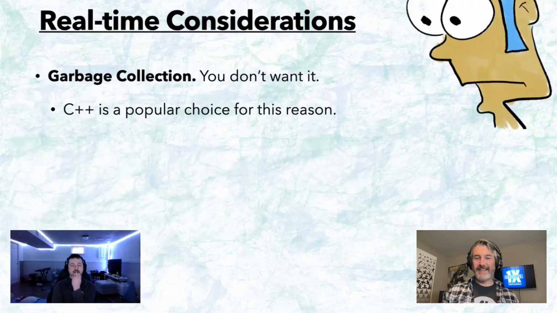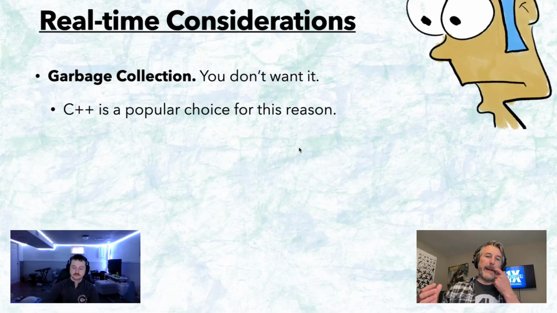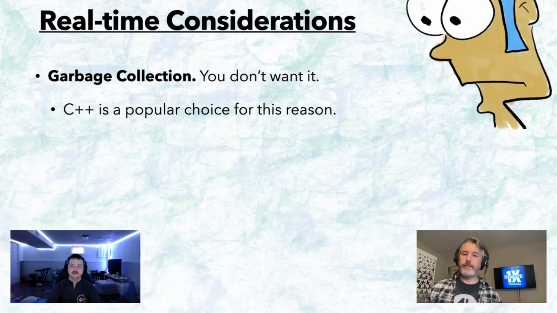All right. So let's talk about some of these real-time considerations, some of these things that make audio applications responsive. Garbage collection. You don't want it, pal. You don't need no garbage collection. This is why C++ is a popular choice.